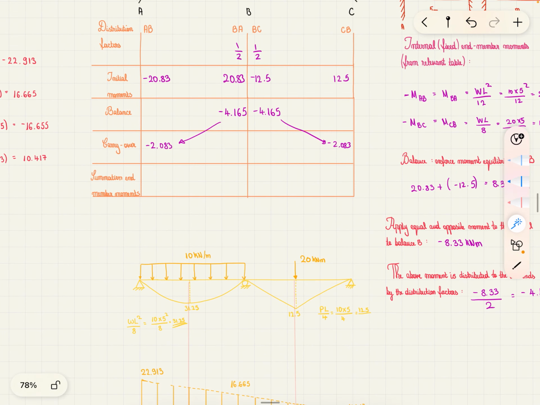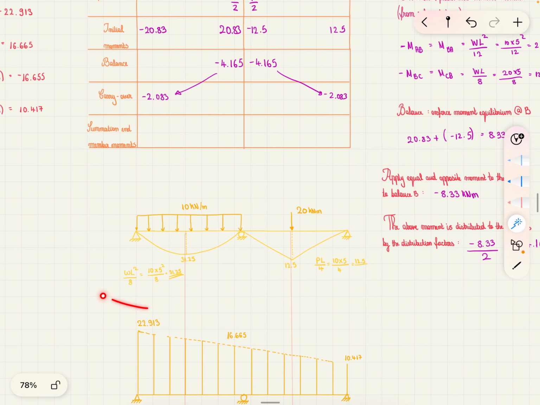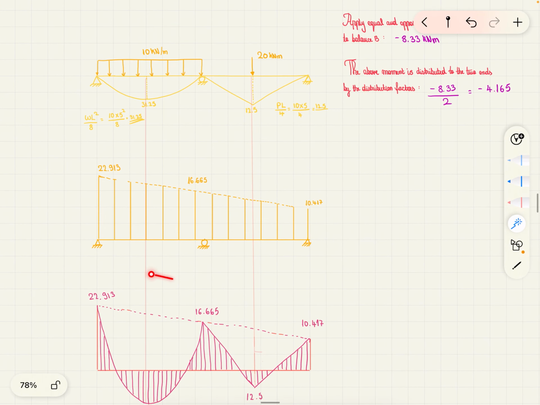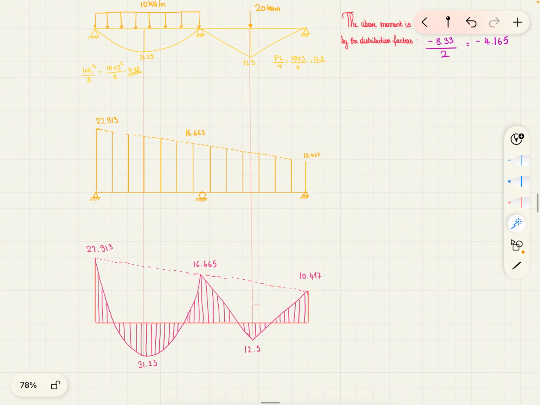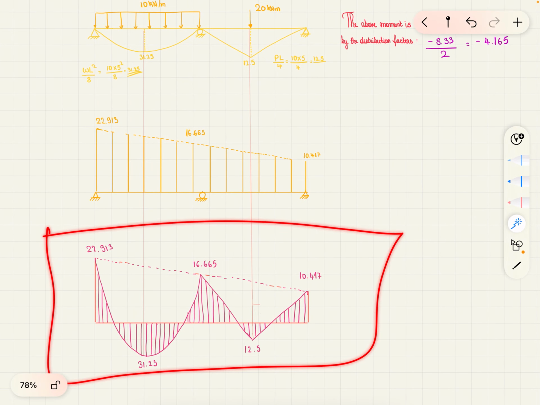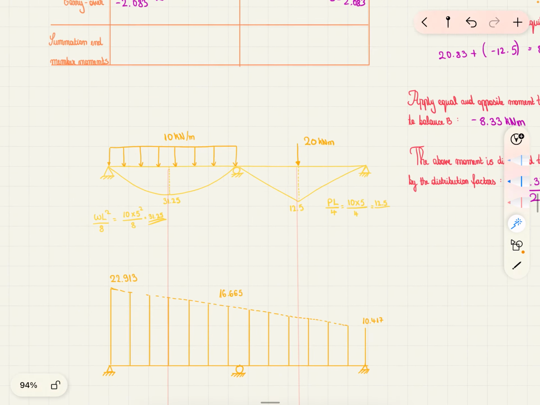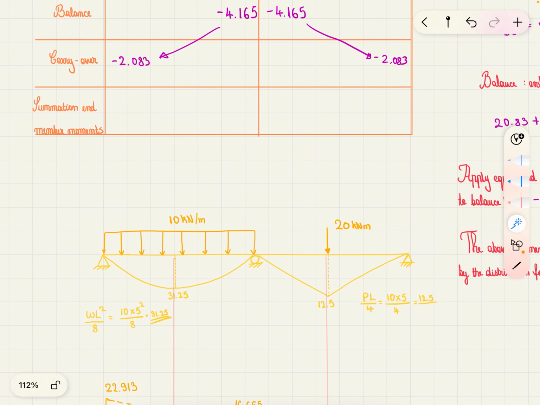We have to do this in 2 steps. First we draw this one, then we draw this one, and then we superpose them and we get our final one. So how do we do this one? Here what we're actually looking for is the maximum moment due to the uniformly distributed load and the maximum moment due to the point load.